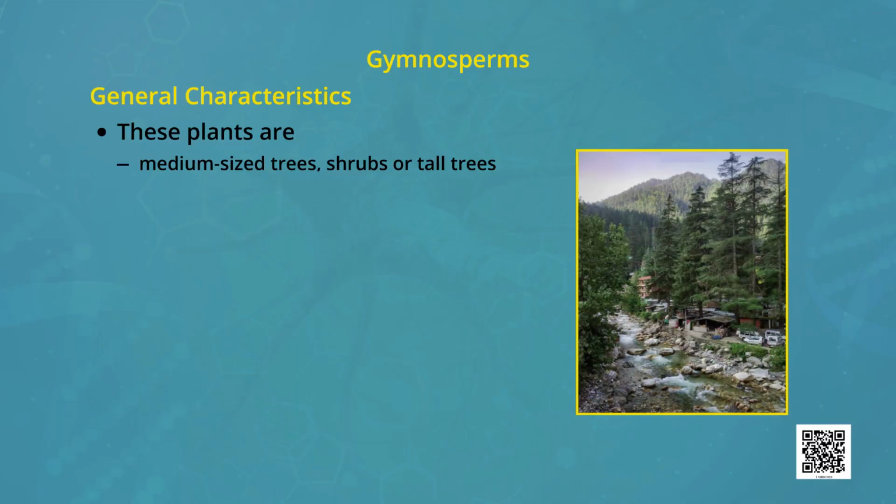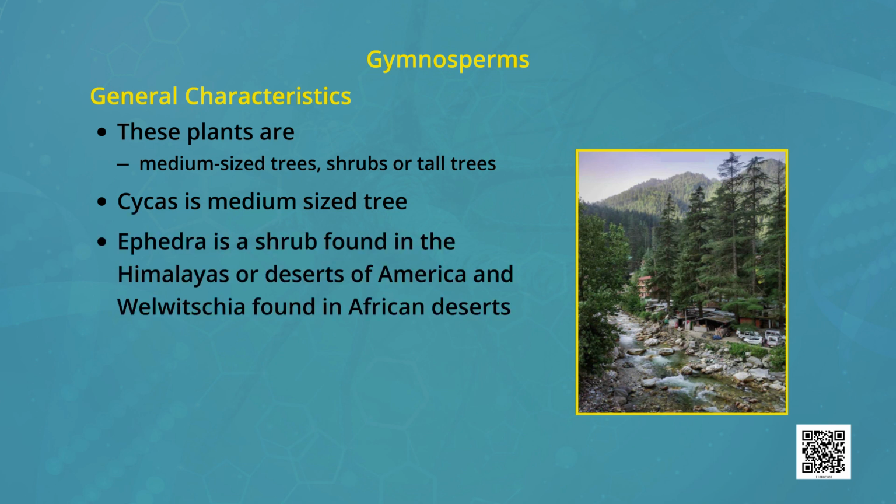The shape and size of gymnosperms also vary. They can be medium sized trees, as you must have seen cycas at many places such as gardens or even in pots. They can be shrubs such as ephedra, which is found in Himalayas, and Welwitschia, which is found in African deserts.